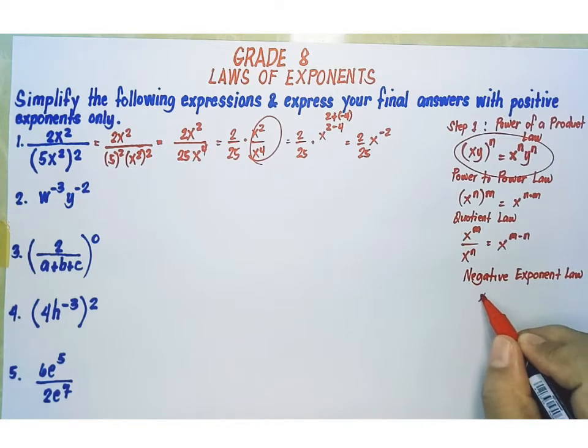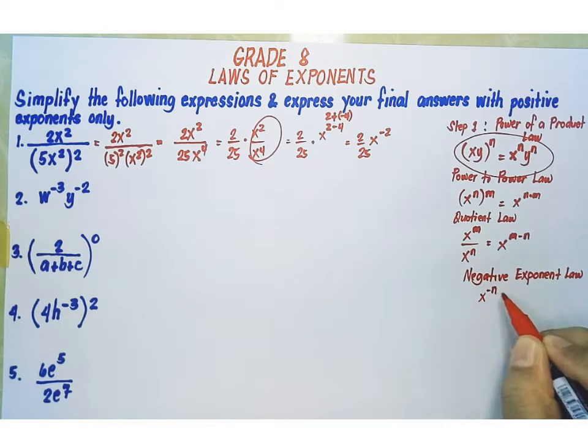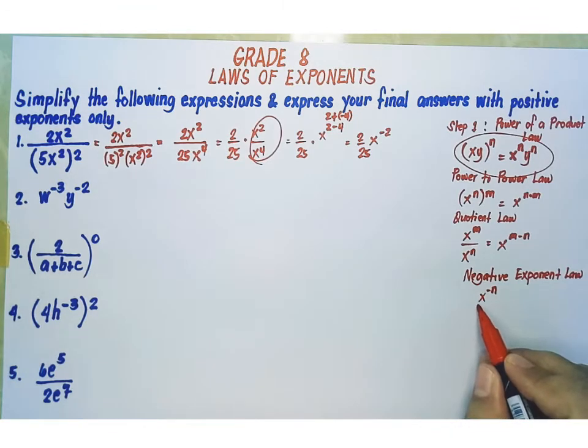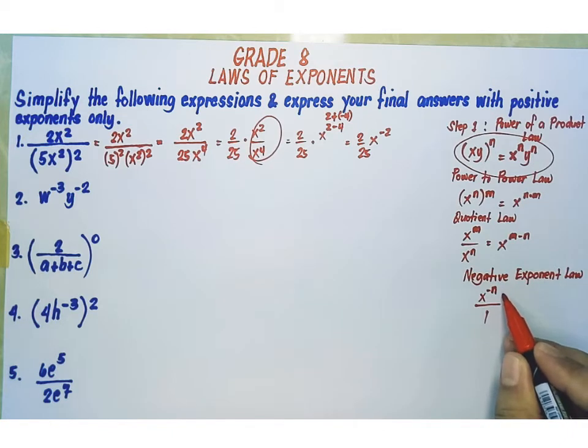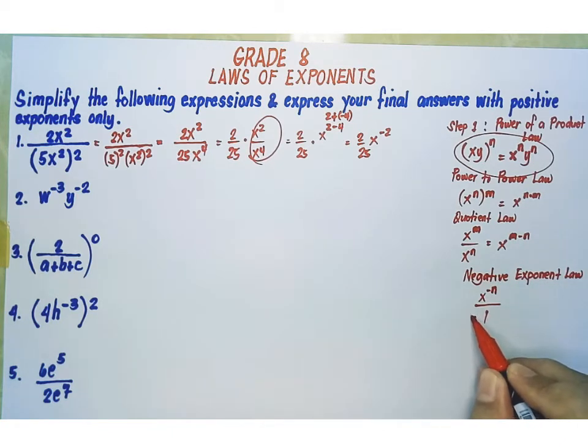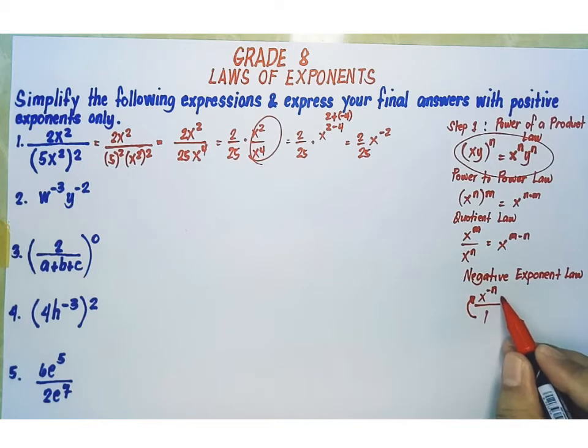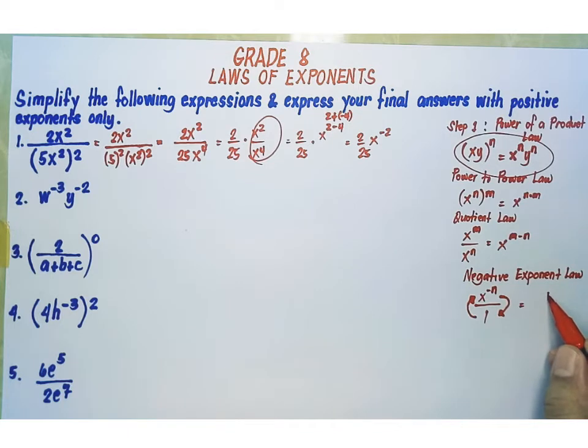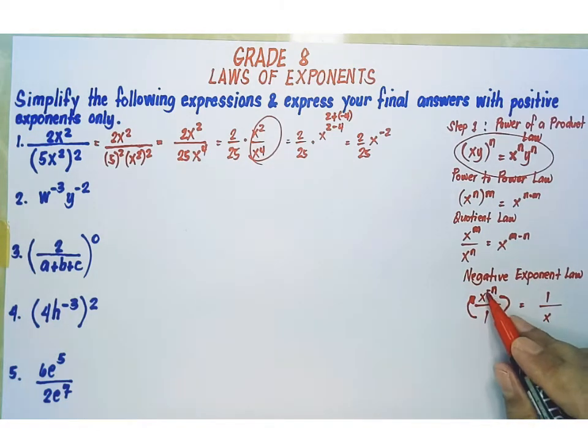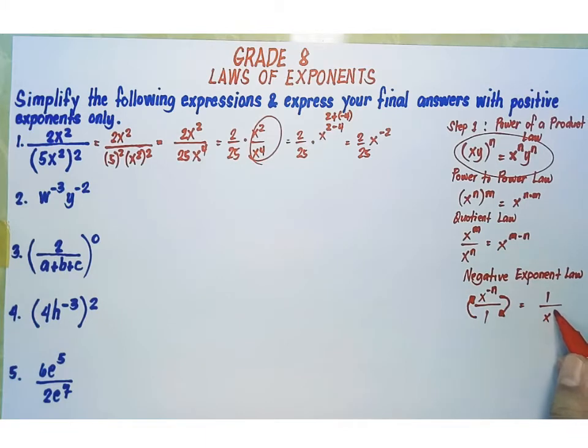So ito yung law. If you have x raised to negative n, this is actually an invisible denominator of 1. So when you change position or you flip, yung 1 goes up, tapos the exponential term goes down. This becomes yung 1 na ang magiging numerator mo, the exponential term becomes your denominator, and the flipping or changing of position comes with changing the sign of the exponent.